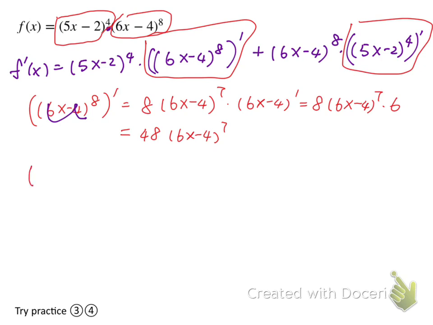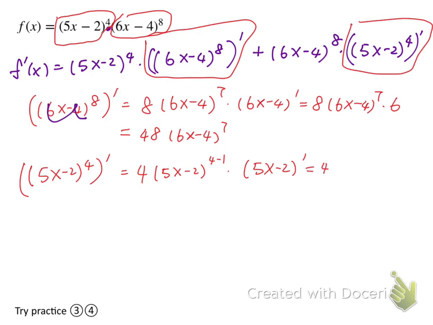Now I do the second thing, the second derivative, the 4th power, then derivative. Same thing, I'm differentiating a power. So I pull the exponent to the front, I lower the power by 1, and then I differentiate the base. So this is 4 times (5x minus 2) to the 3rd power times 5. And this gives me 20 times (5x minus 2) to the 3rd power.